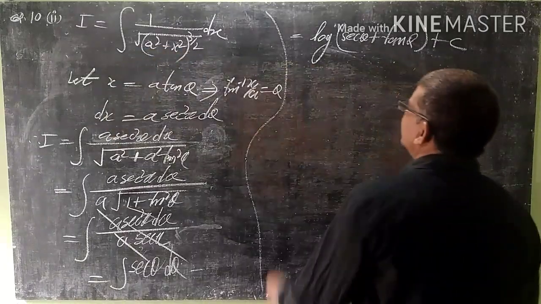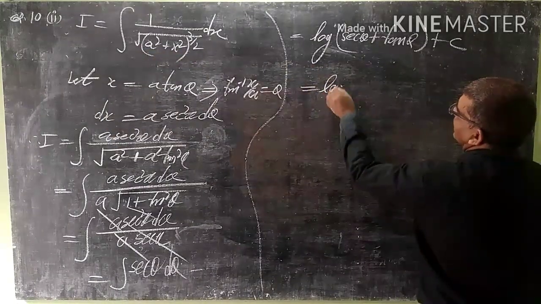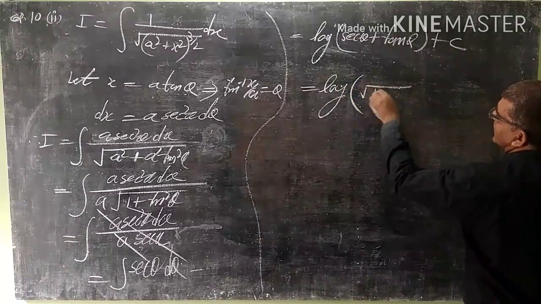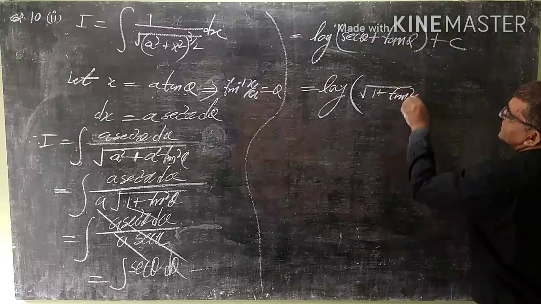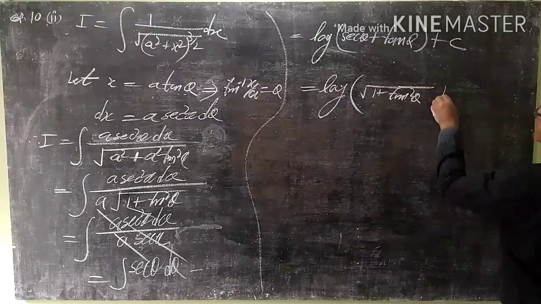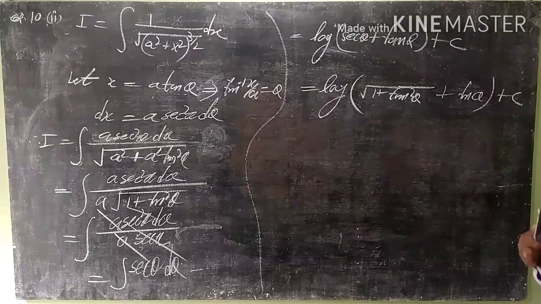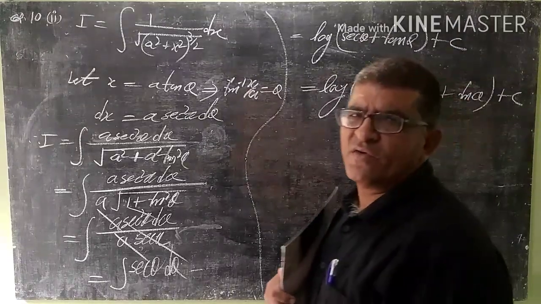How can we write it? Log under root 1 plus tan square theta. Sec theta can be written as under root 1 plus tan square theta, and it is already tan theta. Then now we have to put only the value of tan theta.